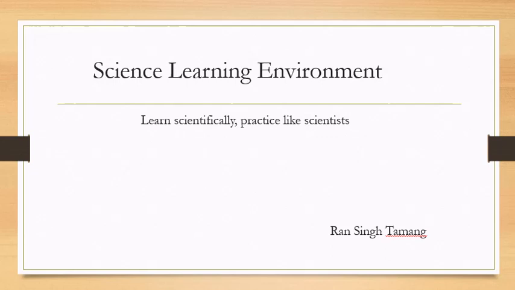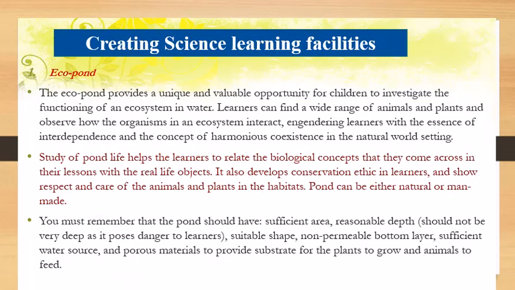All right, to begin with, let's look at how our science environment should look. These are the things that can be done in schools, like creating a science learning environment.